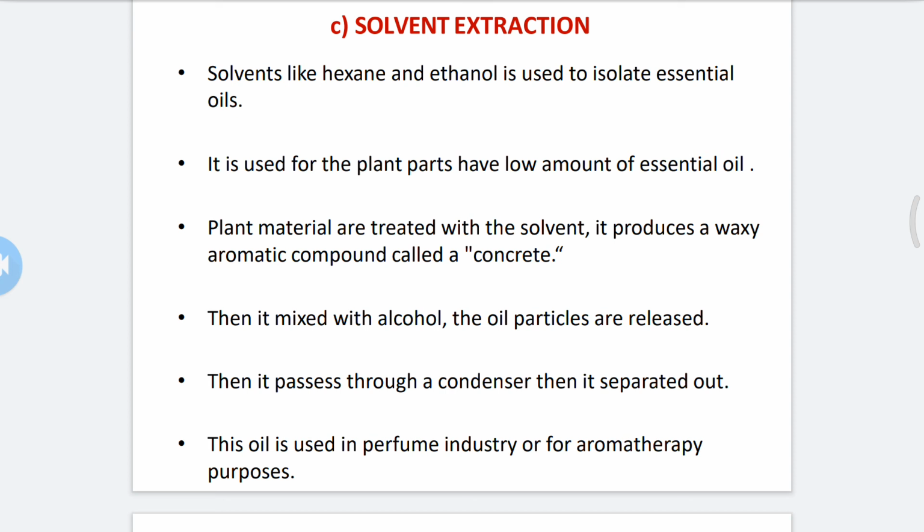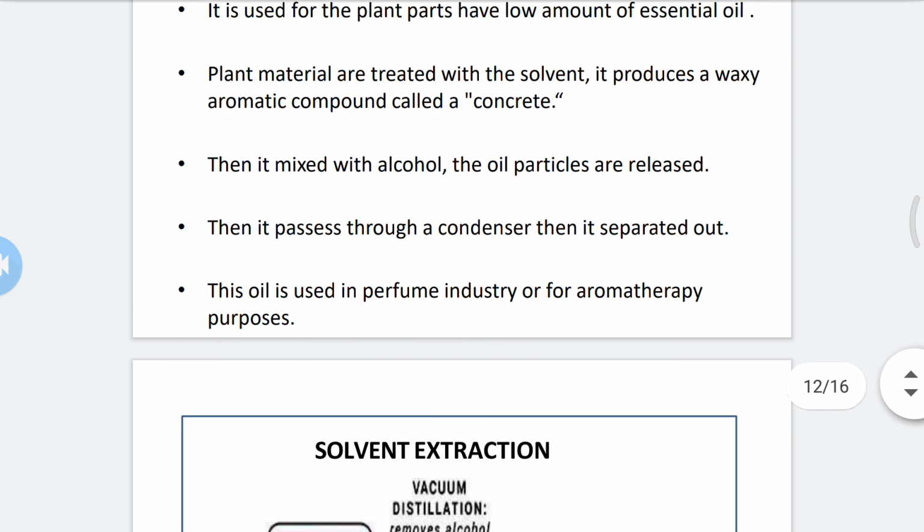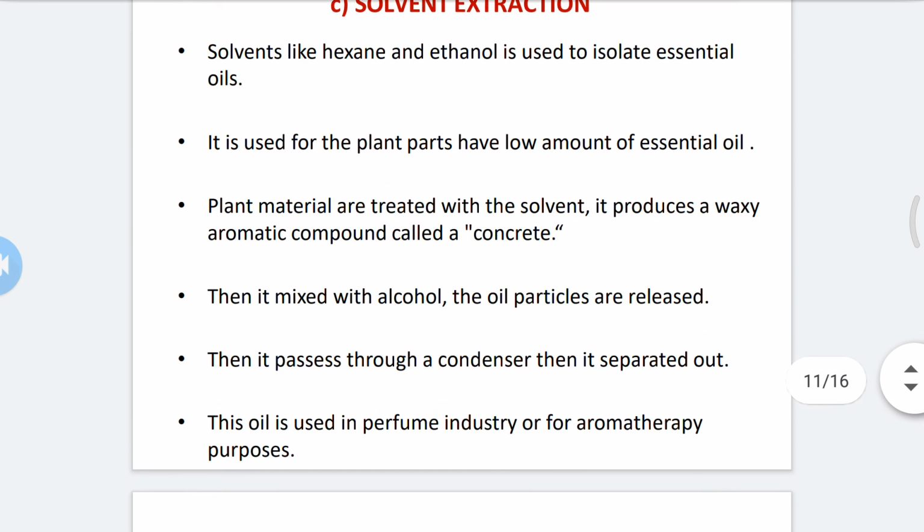It is mixed with alcohol, the oil particles are released, pass through a condenser and separate out.